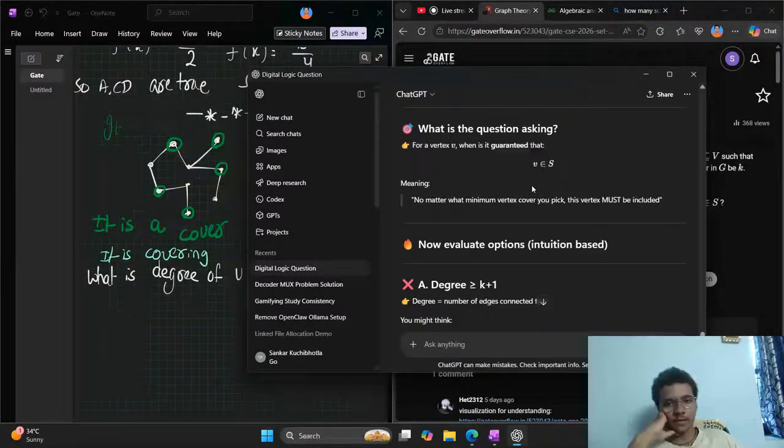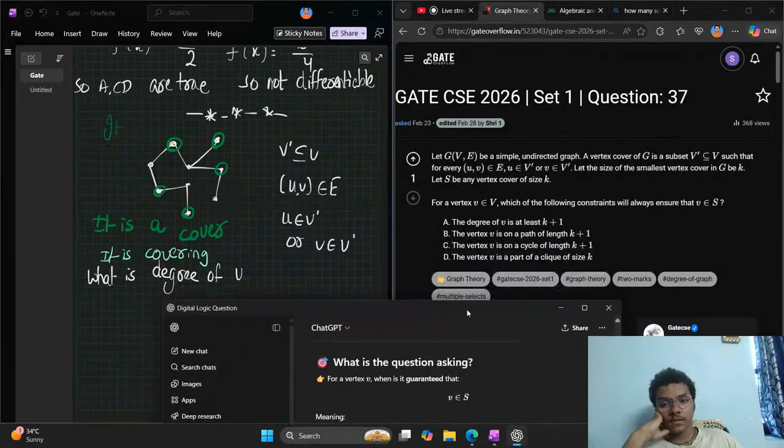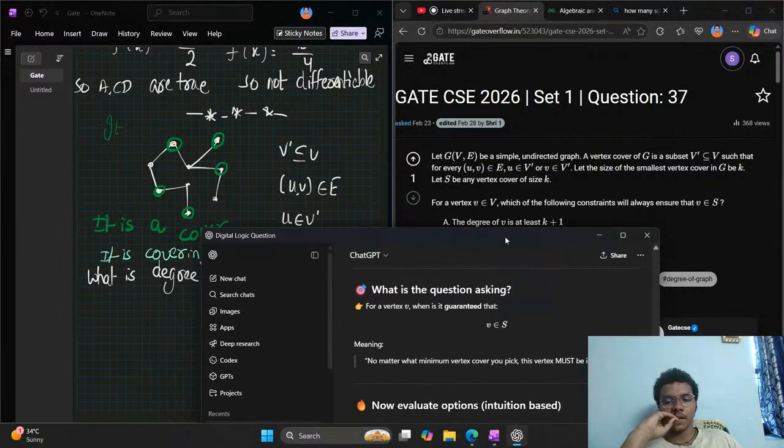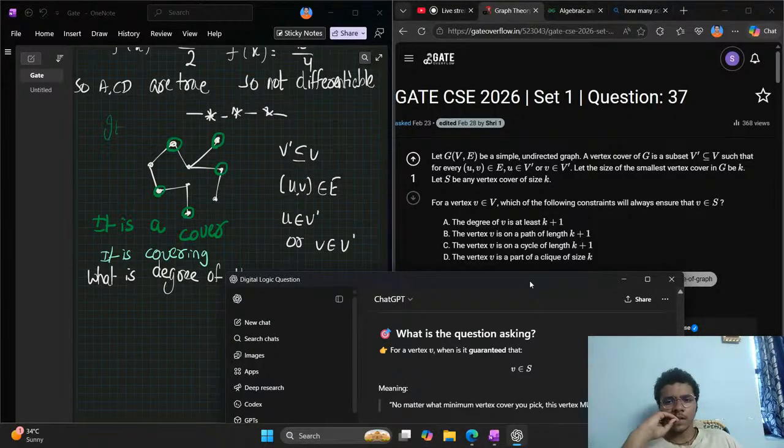Okay, for any vertex, it is guaranteed. A vertex cover of G is a subset of V. Okay, for a vertex which ensures that v belongs to S. What is S?